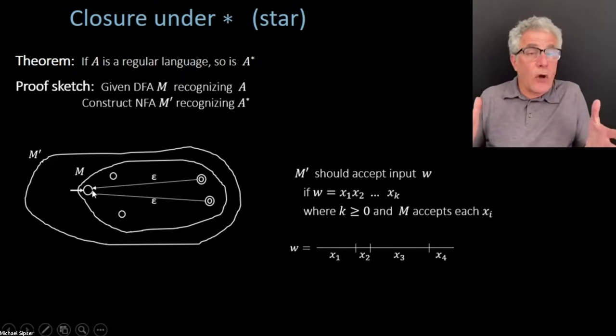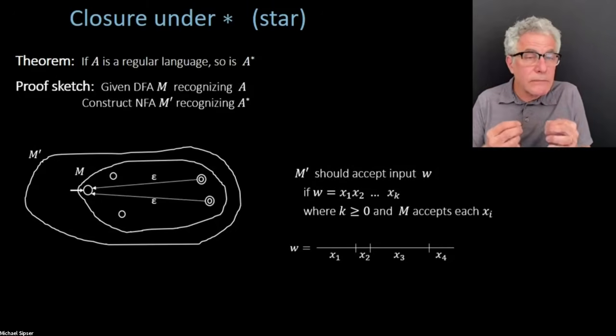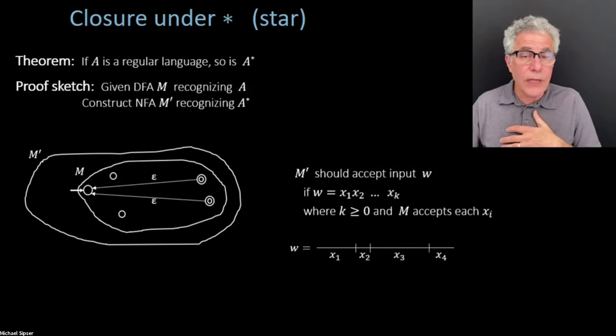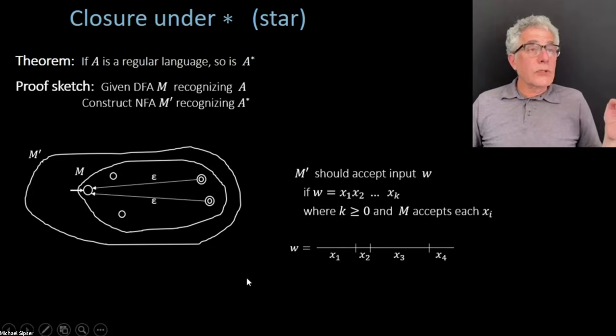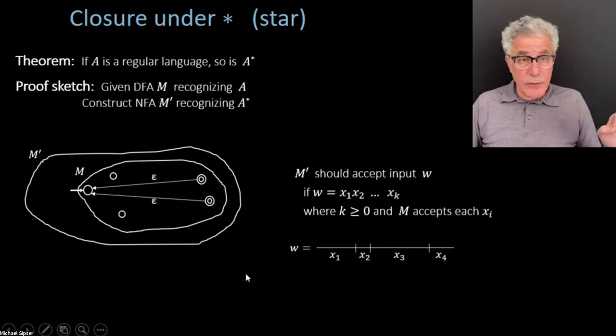And this is basically the whole thing, with one little problem that we need to deal with, and that is we need to make sure that M prime accepts the empty string, because remember, the empty string is always a member of the starred language.